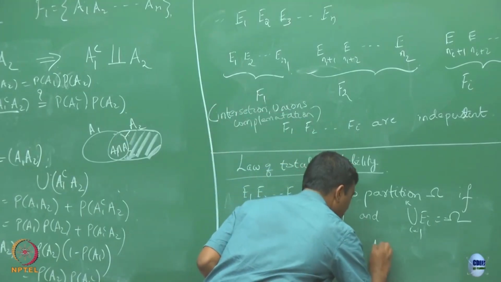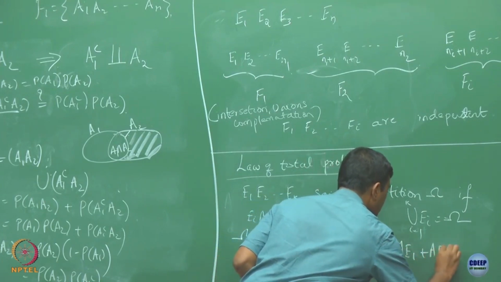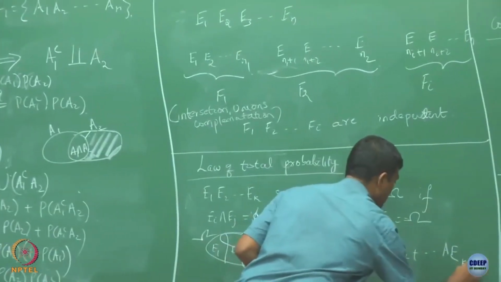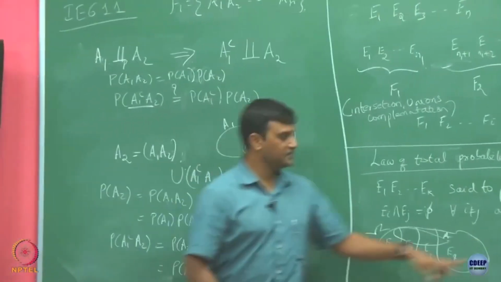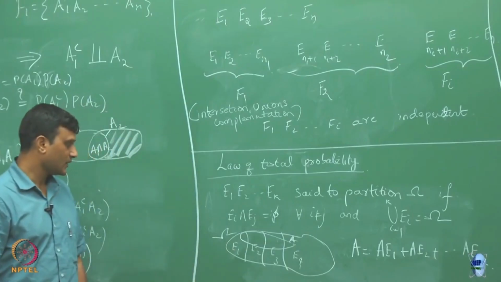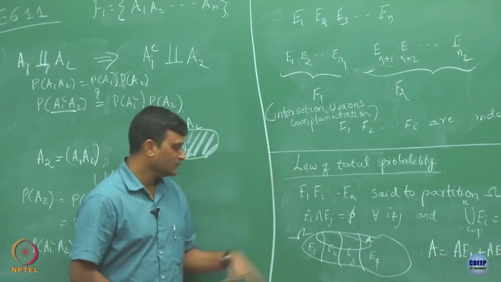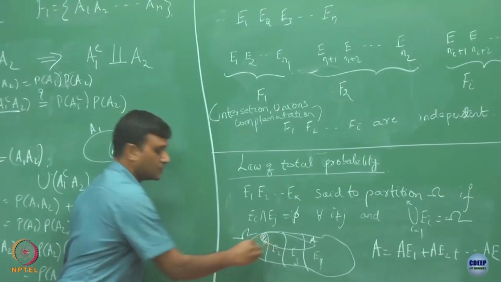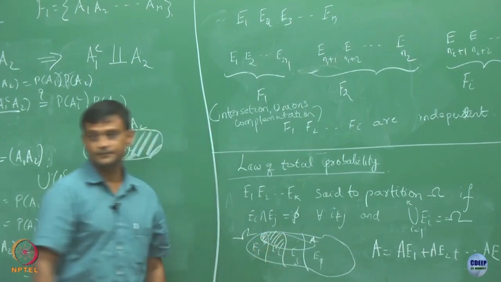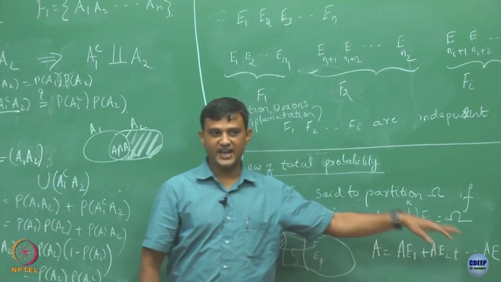So if I have A, can I write A as AE1 plus AE2 plus, let us say, up to AEk? Is this correct? For example, here AE1 means this portion and AE2 means this portion, and this is true because my E1, E2 all the way up to Ek are disjoint.